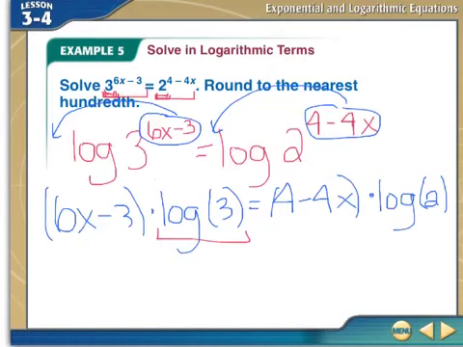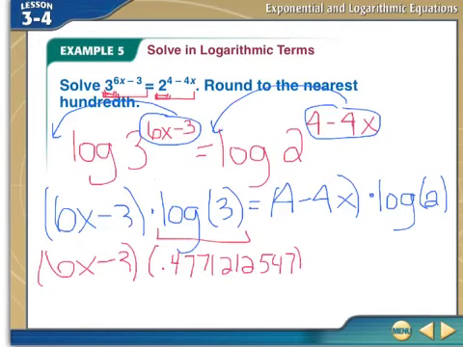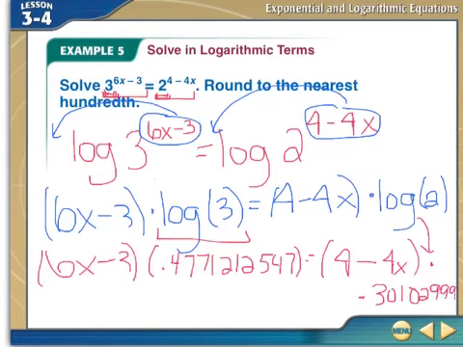Log base 10 of 3 is 0.477121254, and that's equal to 4 minus 4x, and I'm going to multiply that by log of 2, which is 0.3010299957.